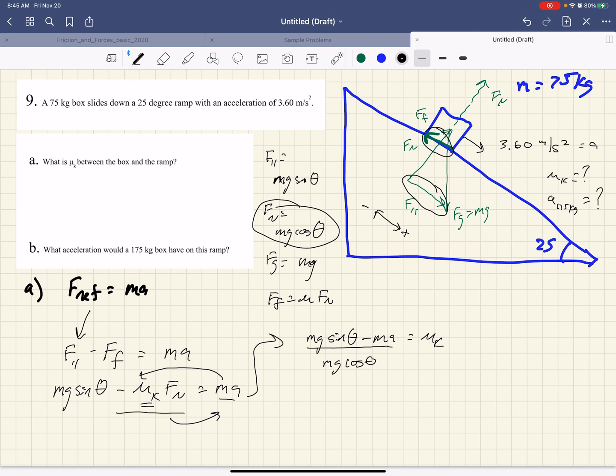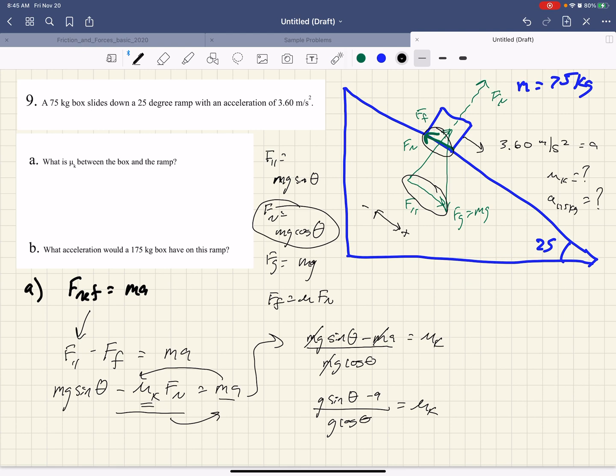Alrighty, so we could plug this in if we want to, but we notice that there's a common variable in all three terms, and that is m. So the mass is going to cancel, and this is an important part for part B in a moment. The mass totally cancels. So the mass is irrelevant to the motion down the ramp. So it's g sine theta minus a, all over g cos theta, and that will get you your mu sub k.